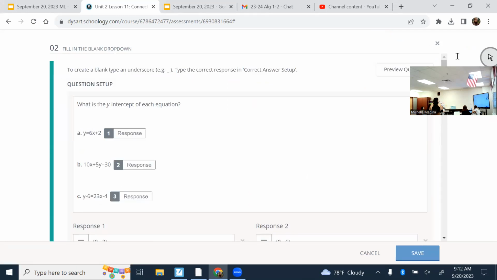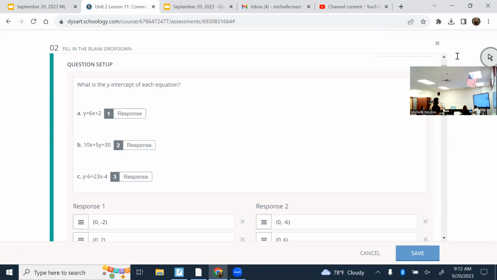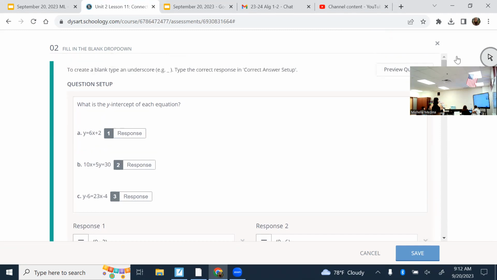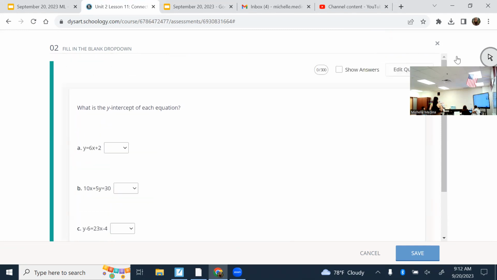Since all it's asking for is the y-intercept, say I was taking a test, what would be a good thing to use? Desmos. If I was taking a timed test and all it cares about is the y-intercept, I would just use Desmos for each one.